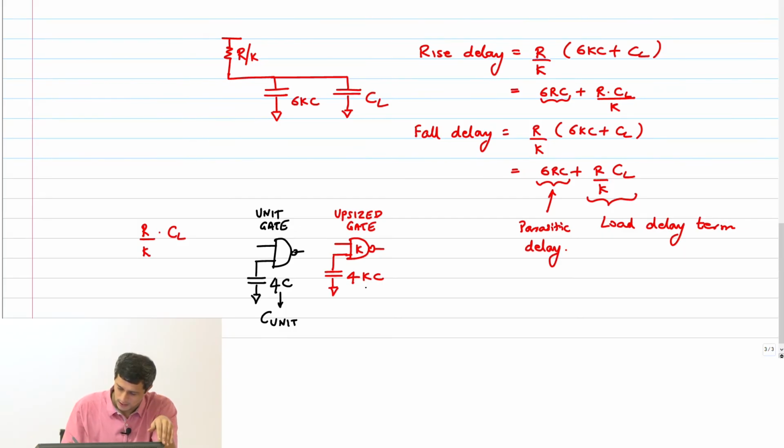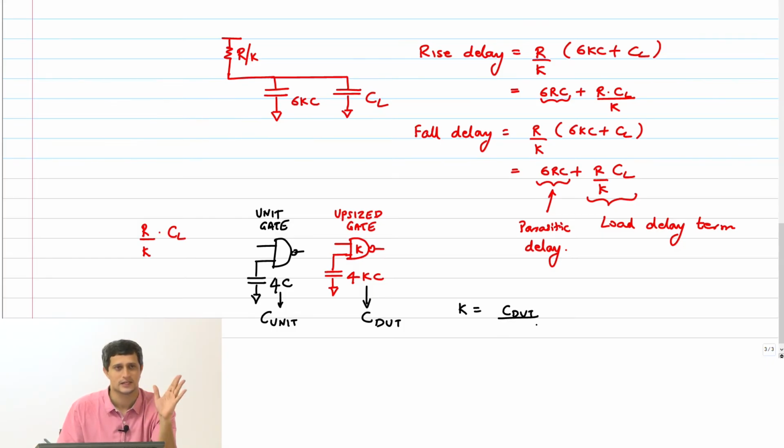And this is my capacitance of the DUT, device under test. In my slides, I have called it C gate, but maybe this DUT might be better. Okay, so the factor k is nothing but the ratio of the capacitance of the device under test, which has been scaled up by some factor, divided by C unit.